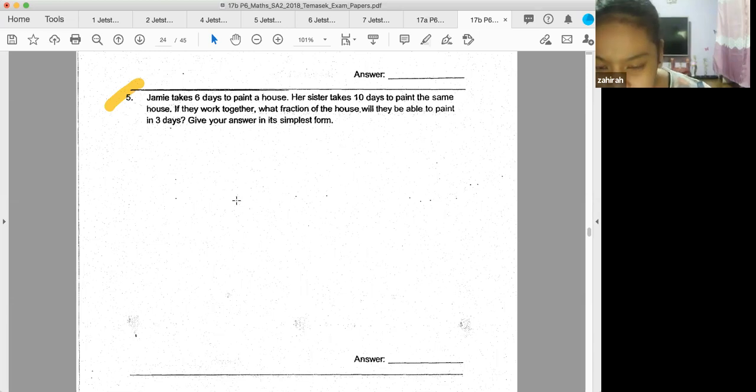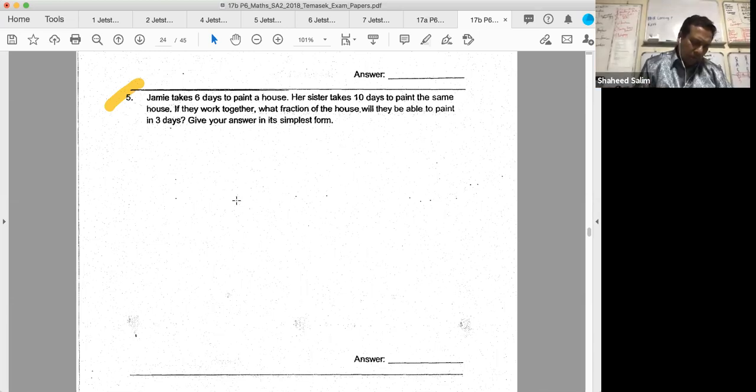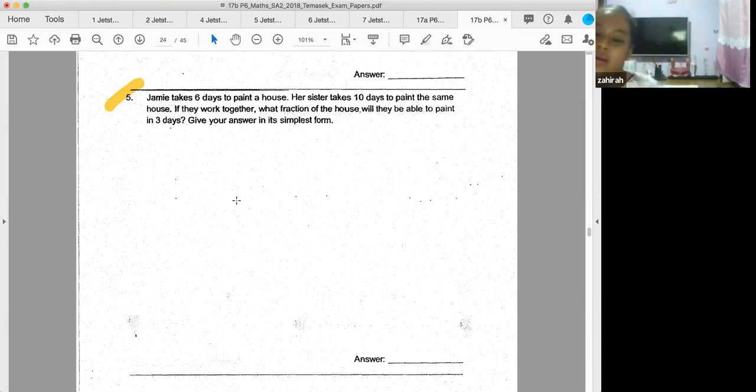Must our answer be in fraction? Yeah, your answer is in fraction. Hold on. Obviously, 4/15 is only for 1 day.